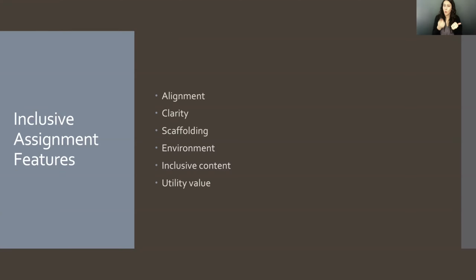The second one is clarity. And so that means that your expectations, as well as the tasks that you're having the students do, should be clear. And one of the things we heard in the earlier sessions, as well as is discussed in this article and many others, is a rubric is helpful for that because it outlines the expectations for your students. They know what is expected of them. And I would also add consistency of your rubric across assignments.